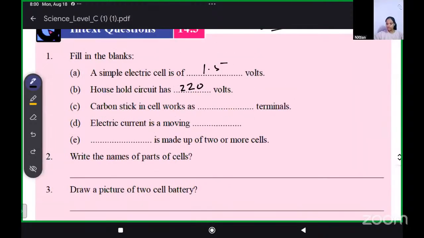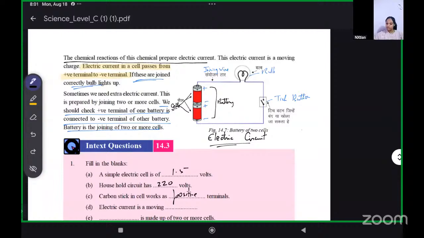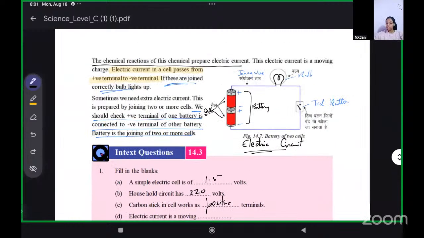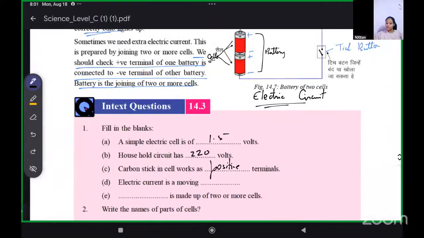Positive. Electric current is a moving dash. Charge.